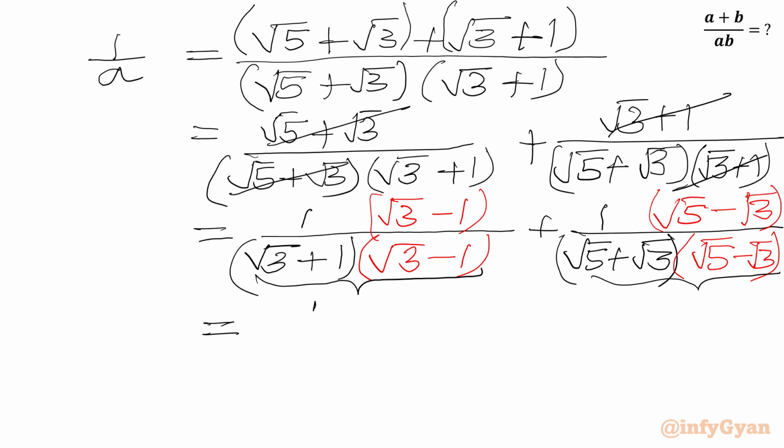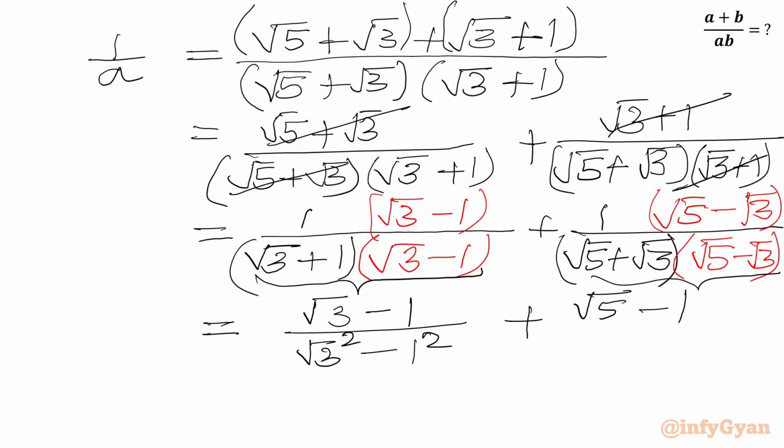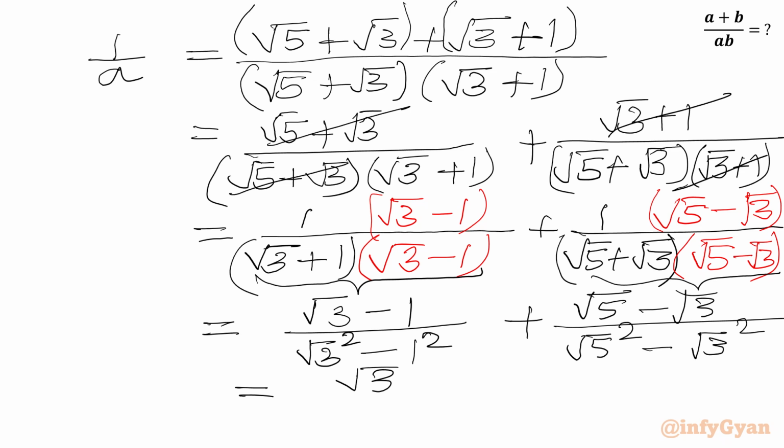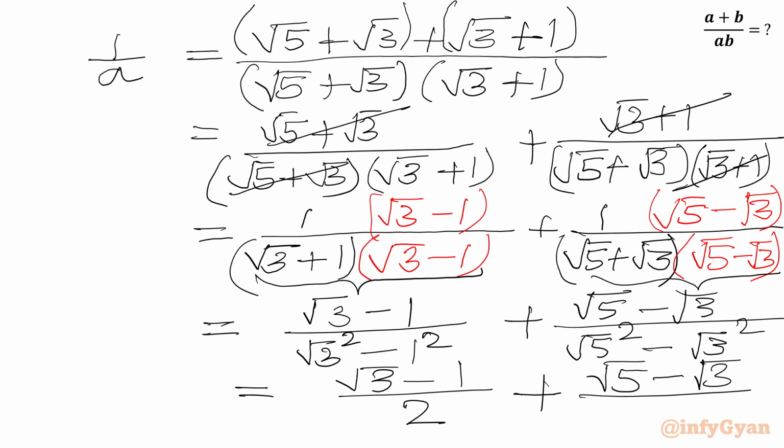So we will write (root 3 minus 1) over a square minus b square, so (root 3) square minus (1) square, plus (root 5 minus root 3) over (root 5) square minus (root 3) square. So I can write square root 3 minus 1 over 3 minus 1, which is 2, plus square root 5 minus root 3 over 5 minus 3, which is 2.